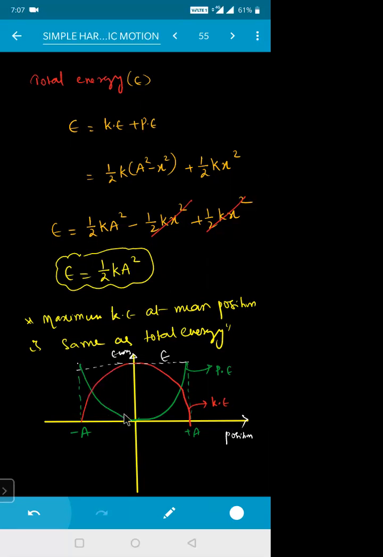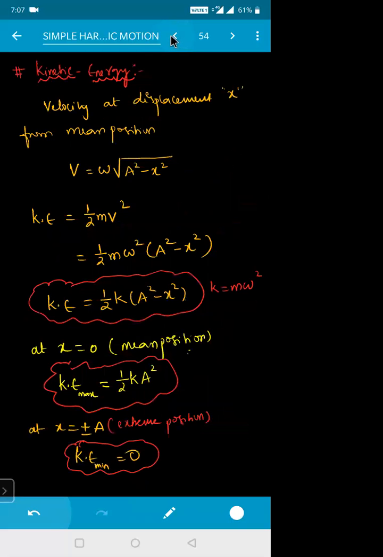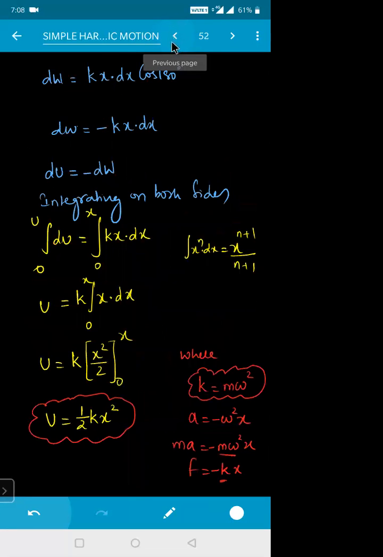One is a parabola in the upward direction, another is a parabola in the downward direction with respect to x. In the kinetic energy formula, it is half into K into A square minus x square. So we have a negative term right now. Kinetic energy is directly proportional to minus x square, whereas potential energy is directly proportional to x square.